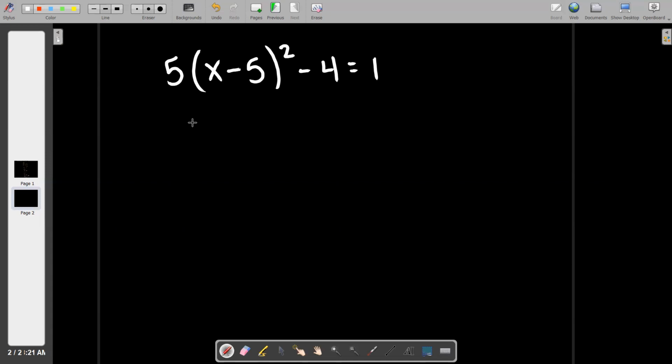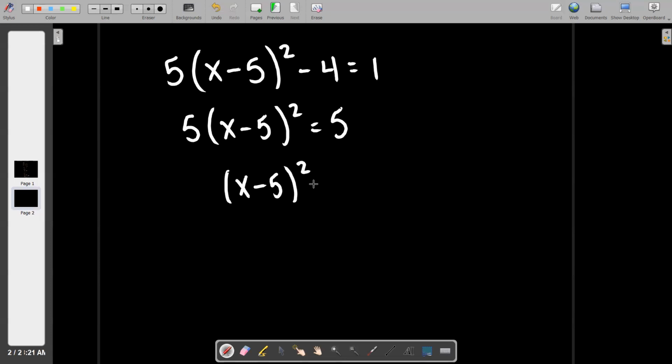Add the 4, right? So I'm left with 5 times the thing I'm trying to get by itself equals 1 plus 4, 5. Now what? Divide by 5, which gives us the thing we're trying to get by itself equals 1. 5 divided by 5 is 1.